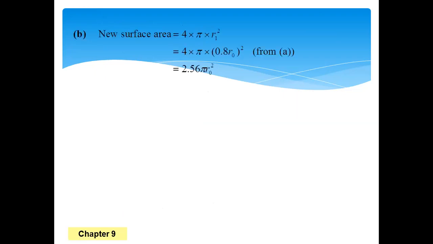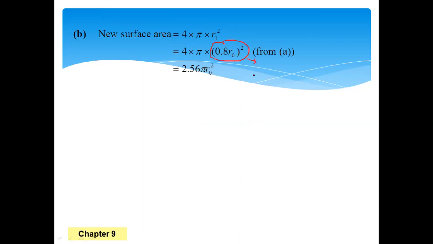Area of a sphere, 4 pi r squared. New surface area, so R1 squared. R1 is equal to 0.8 of the original radius. So you have this value. I'll show you how come.